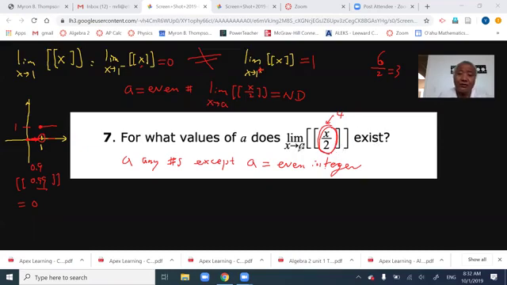Instead of finding all the values where it exists, there are many numbers there, so we find out which a values make it not exist first. That is, a can be any number except a equal to an even integer.